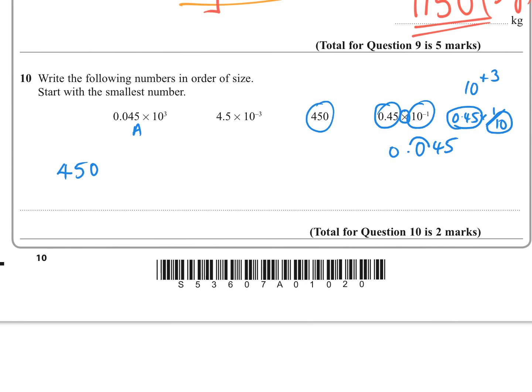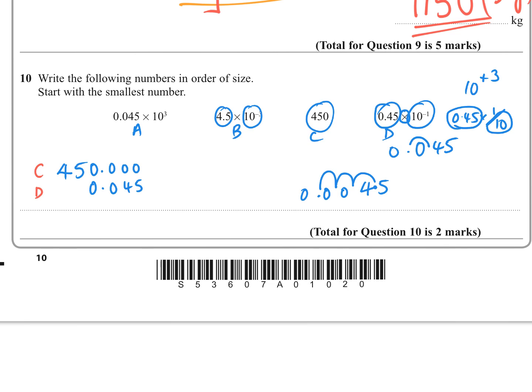So I'm going to label these A, B, C and D. And so here's my C here. I'm now going to do D, and that's going to be 0.045, and I'm just going to put some noughts in here to help me. Then I'm going to look at this one, so that's 4.5, well, divide by 10 3 times. 1, 2, 3.